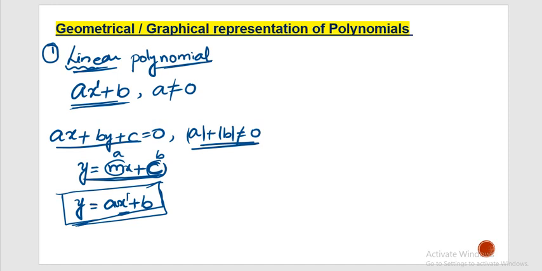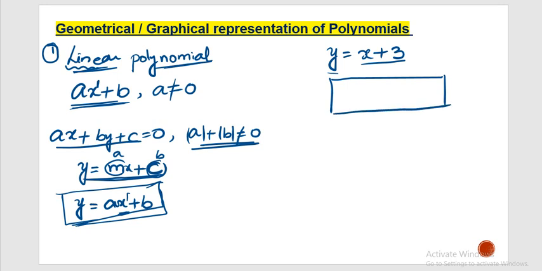For that I am going to consider one example: y is equal to x plus 3. This is my linear polynomial, which I have considered equal to y. Now how to get the points? When I get the points I am going to tabulate them in a table.